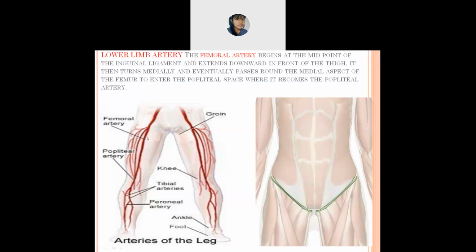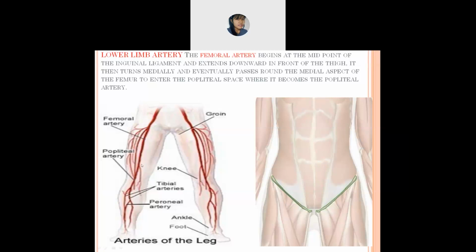Eventually it will pass around the medial aspect of the femur. Means it will come down and down, and ultimately it will reach the femur. Femur, you know, right? The longest bone in the human body. Femur is situated in your thigh portion, so it will lie here in this portion.